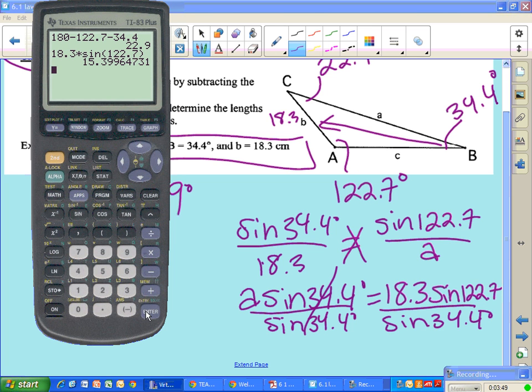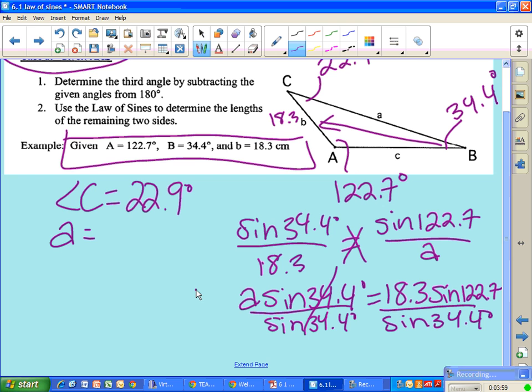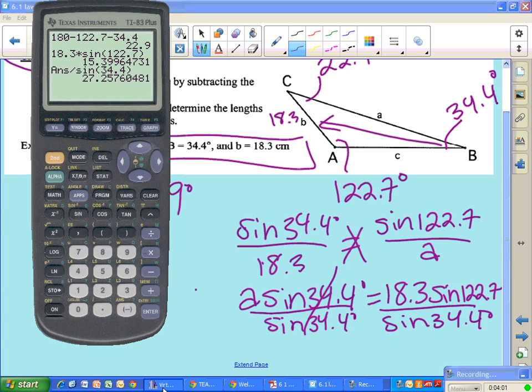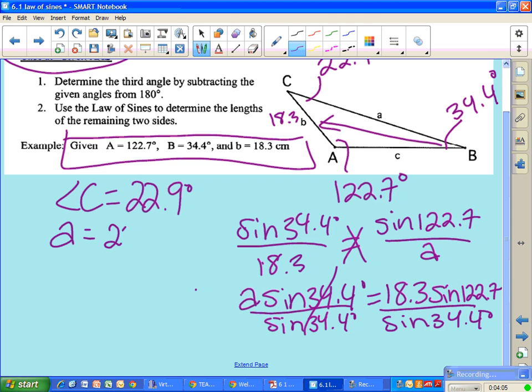I always hit enter first, and then we have to divide that by sine of 34.4 degrees and press enter. So my side length a is 27.3. That makes sense because 122.7 is our longest angle measure, so that should be our longest side.